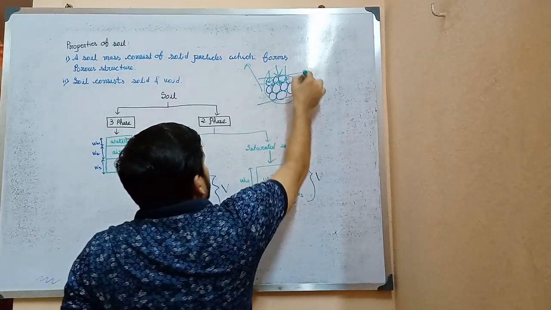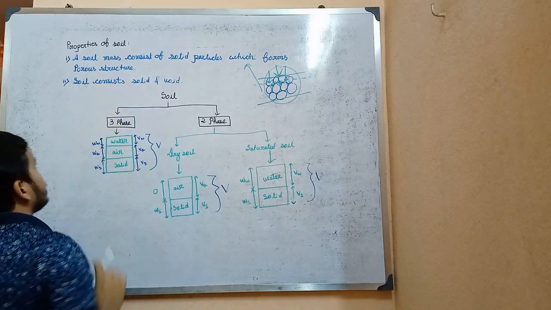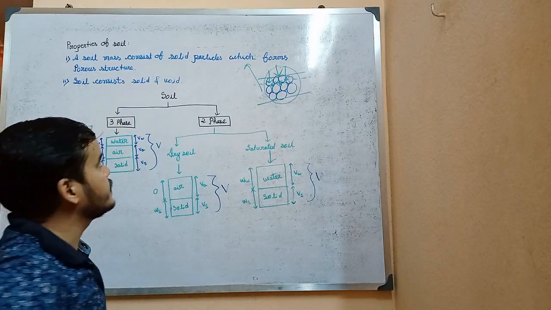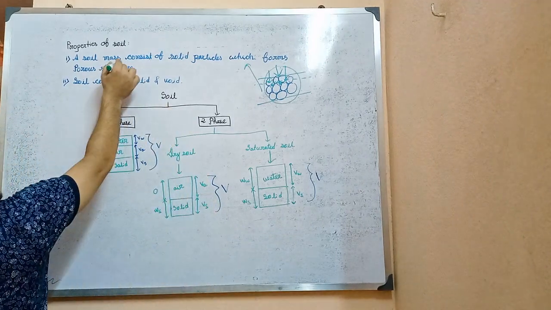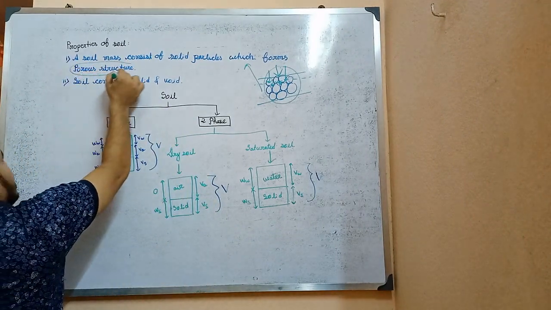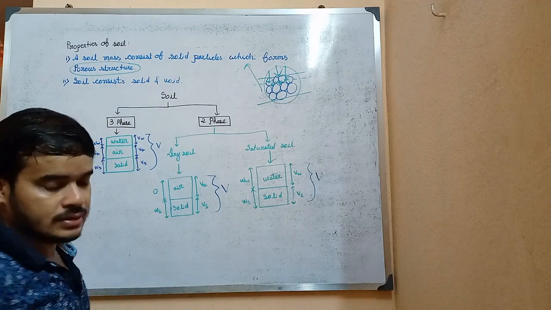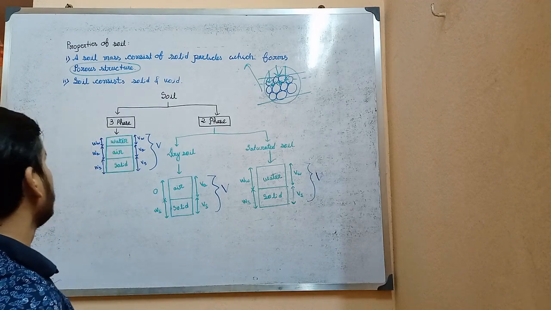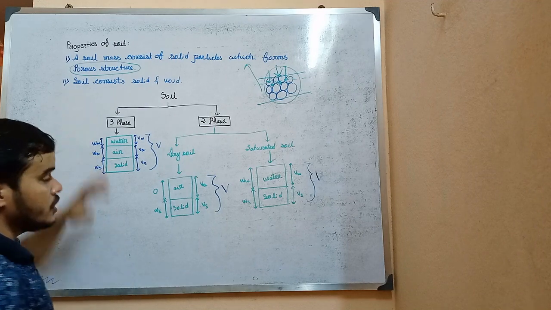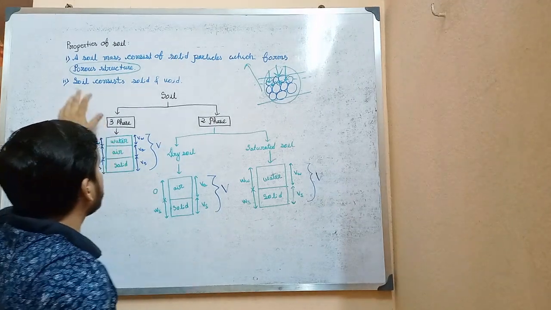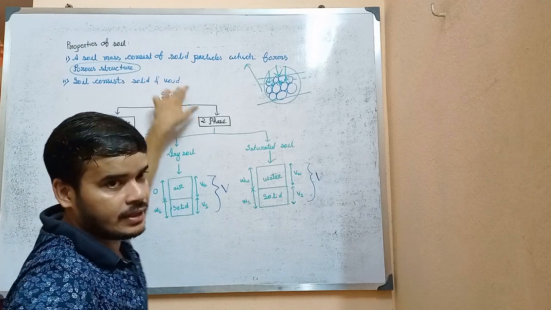So the first point we learn from here is that soil must consist of solid particles which form a porous structure. This term is very important regarding soil mechanics. Now, the second important point is what soil consists of. Soil consists of solids and voids.